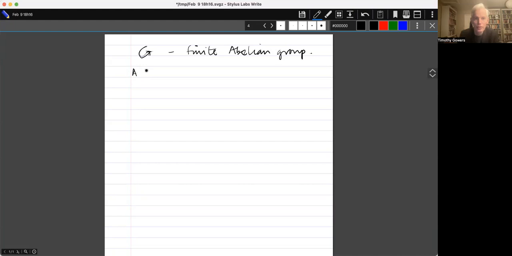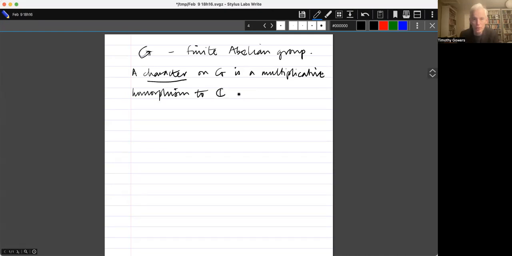Then a character on G is a homomorphism, let's say a multiplicative homomorphism to C, i.e. a homomorphism to the group C minus 0 with normal multiplication over the complex numbers.